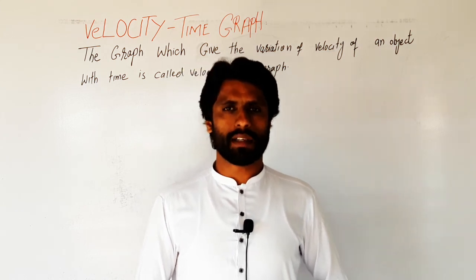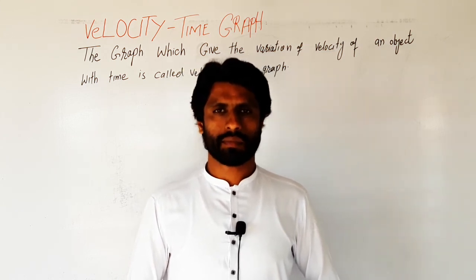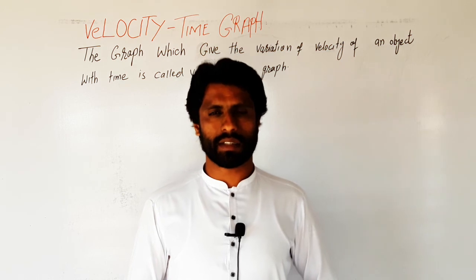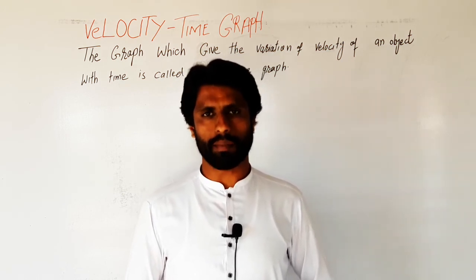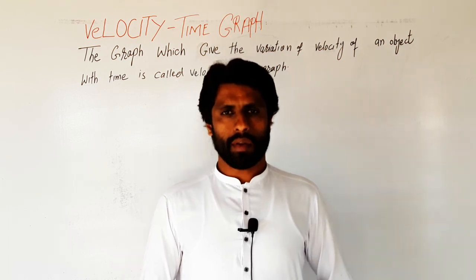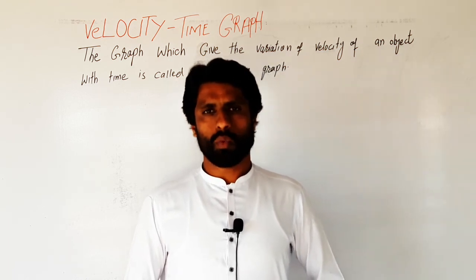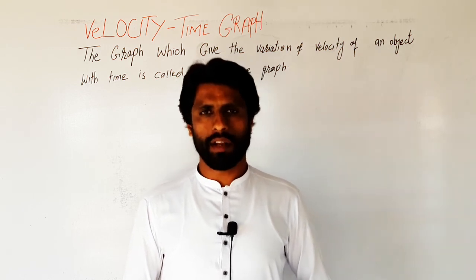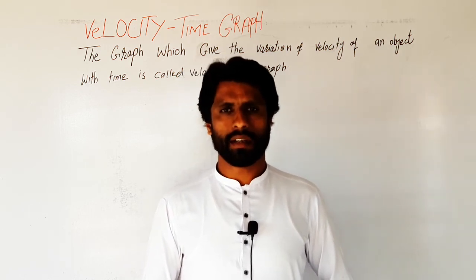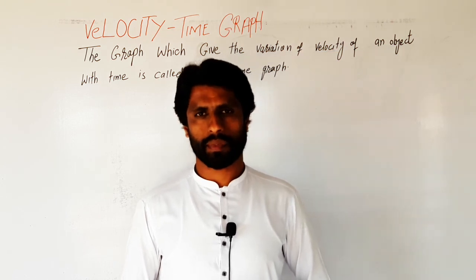Today, our topic is the velocity time graph, and we will discuss briefly the graph between velocity and time. In the previous lecture, we discussed in detail velocity, its variation, and its types.